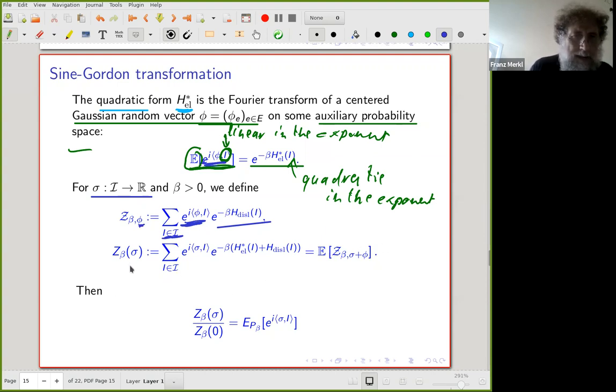And here's again a partition sum with this extra factor e to the i sigma I, which was not present in the partition sum before. And we can now write this as an expectation of this partition sum depending on the phi. Then it turns out that the ratio of these two is a Fourier transform of the sigma I we had before.